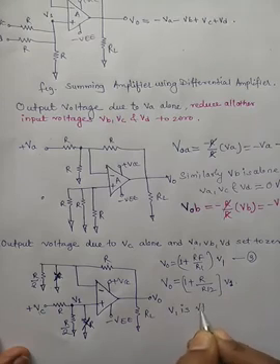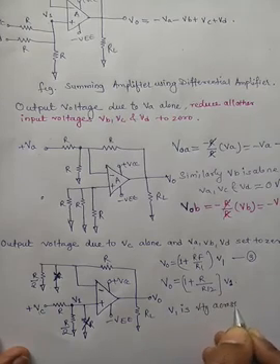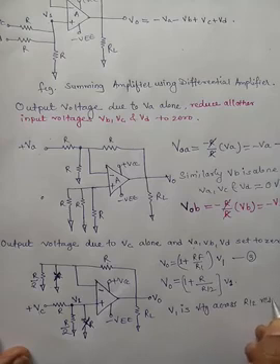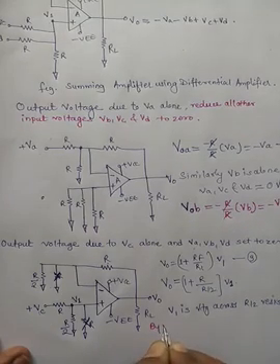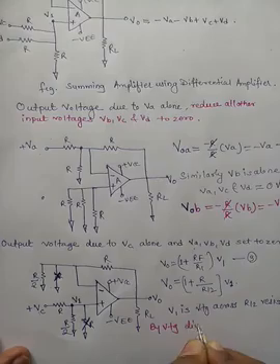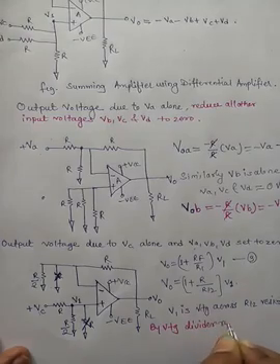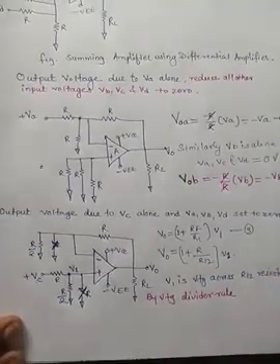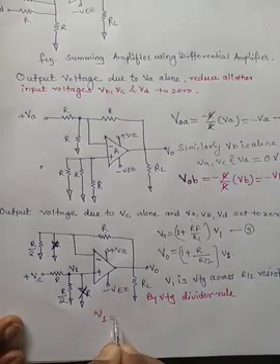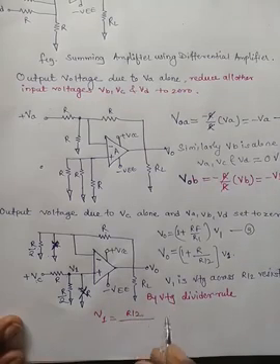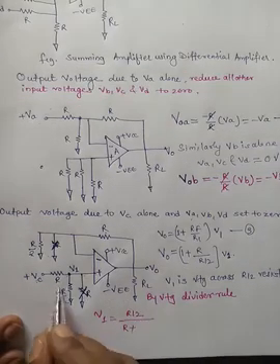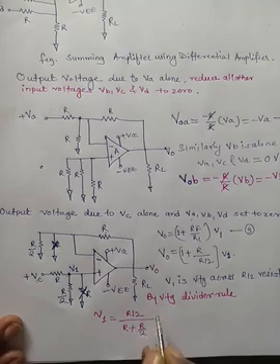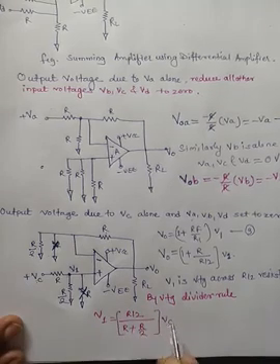V1 is the voltage across the R by 2 resistor, and by the voltage divider rule, this V1 voltage is the voltage across R by 2, so it comes in the numerator, divided by R plus R by 2, into the input voltage VC.